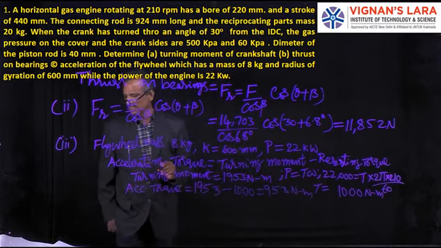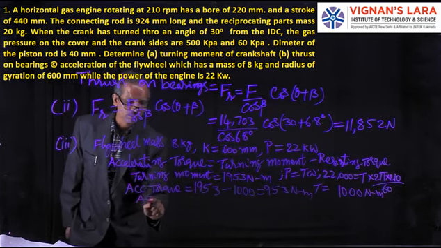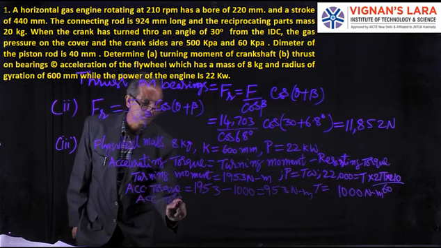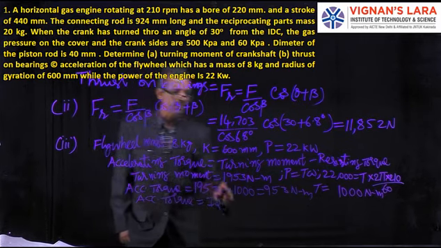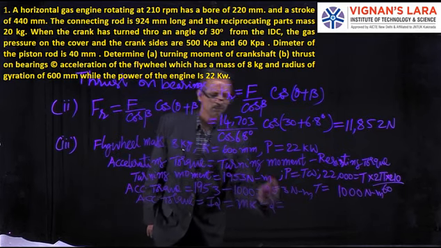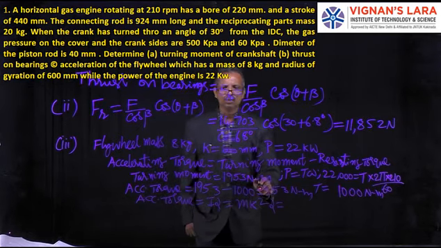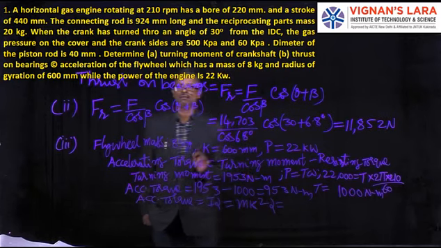Then what is accelerating torque? Accelerating torque is I alpha. What is I? I is equal to m k square. What is m? Mass of the flywheel, not mass of the reciprocating parts.